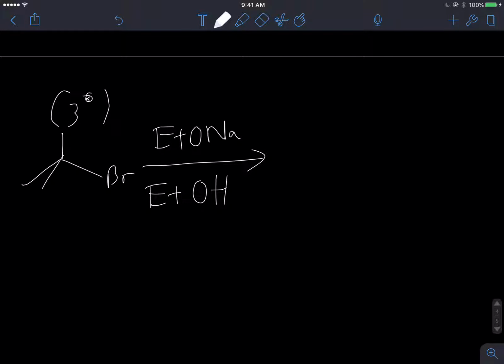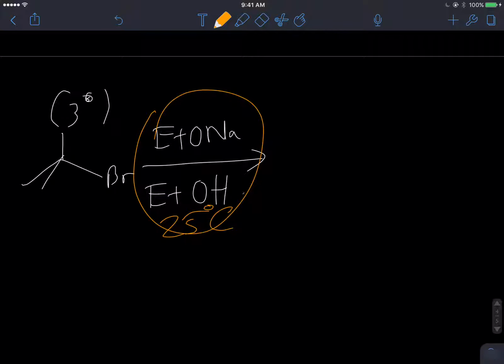And you know this base and this solvent are used for E1 or E2, right? And you see there's no heat at all, or sometimes they're going to give you 25 Celsius degrees. Not the high heat, so the E2 occurs. So with E2, this is symmetric, so either side can be the double bond.